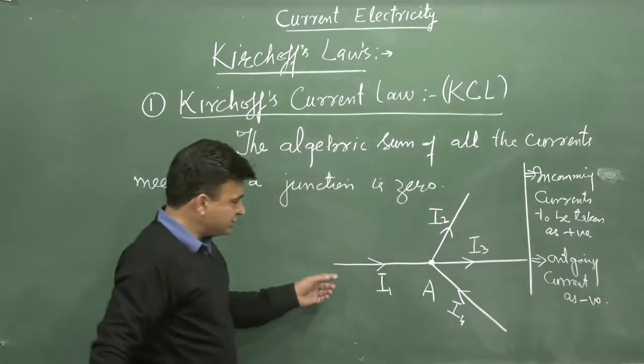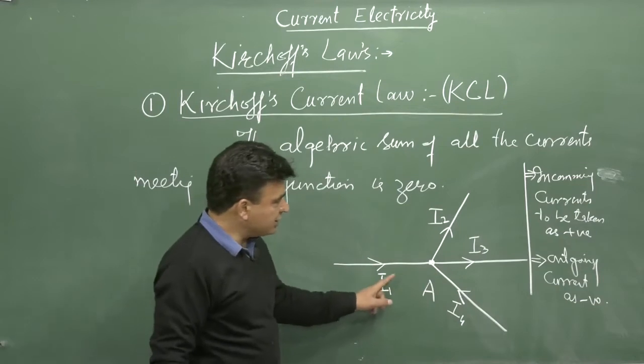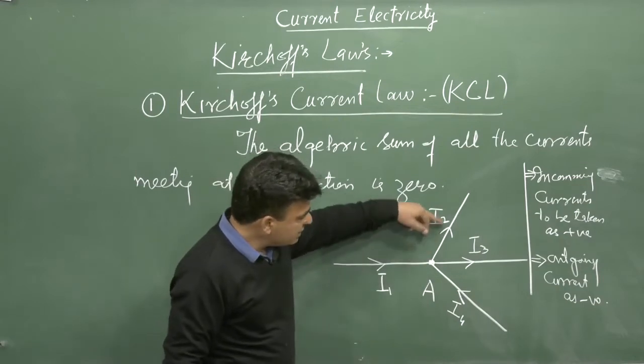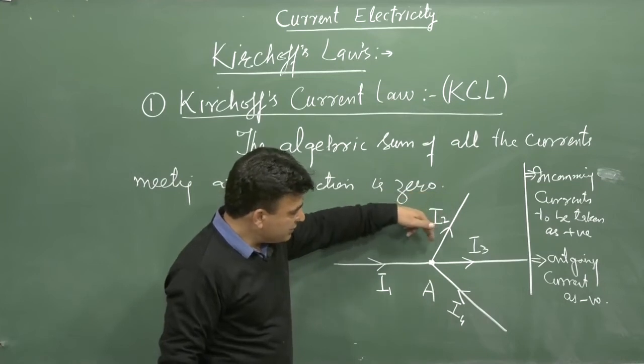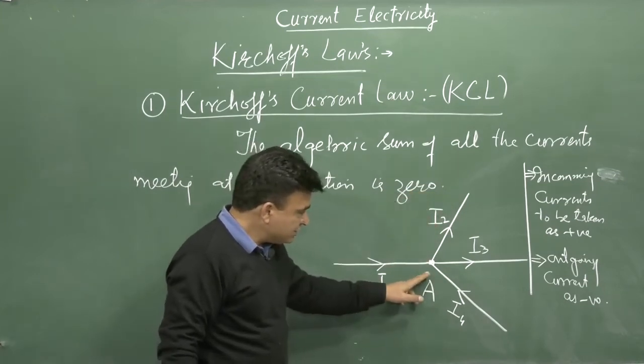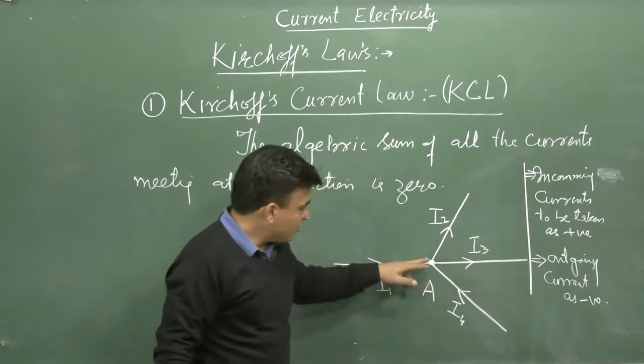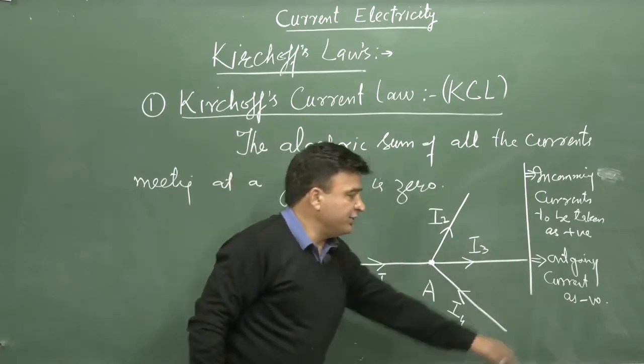That means the currents which are coming towards the junction are taken as positive, and the currents which are leaving the junction, just like I2, are taken as negative. Coming towards the junction, positive. Going away from the junction, negative.